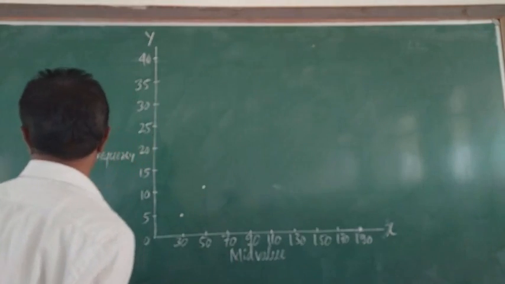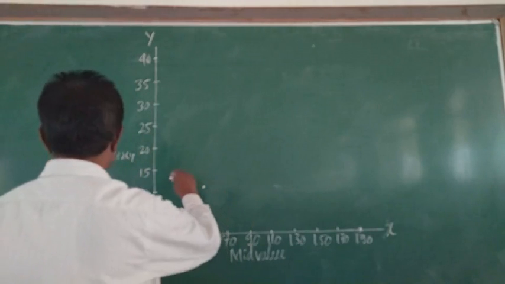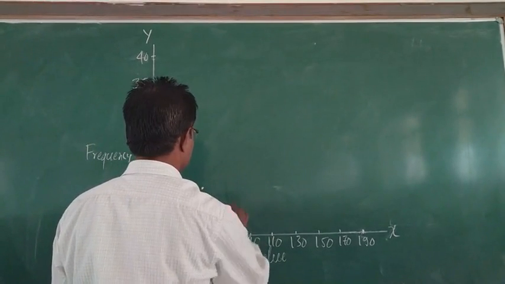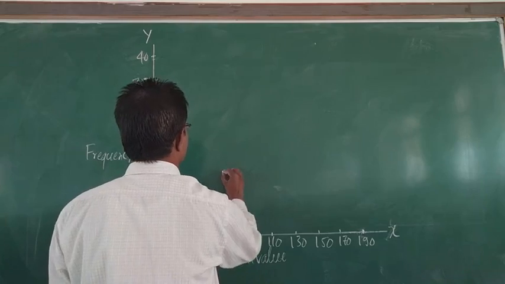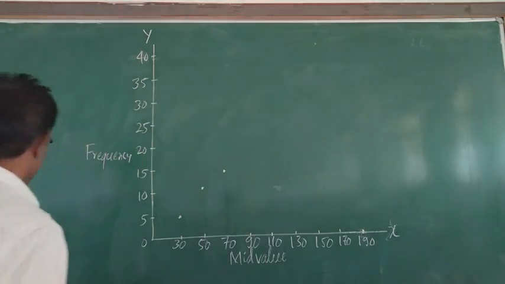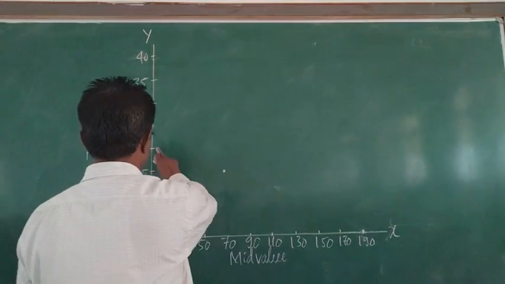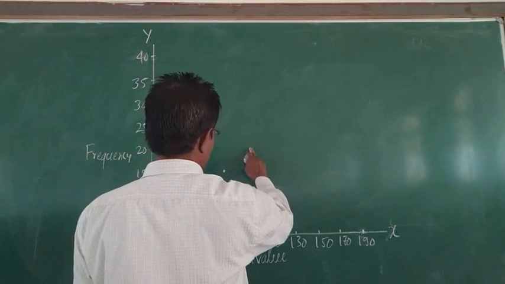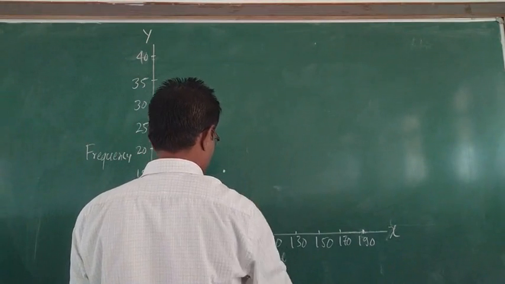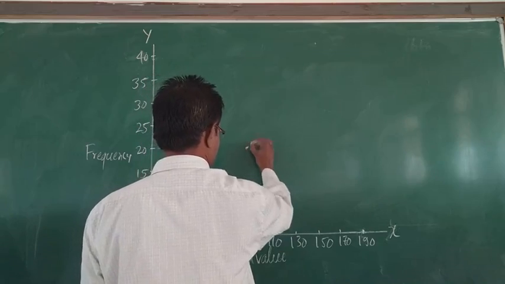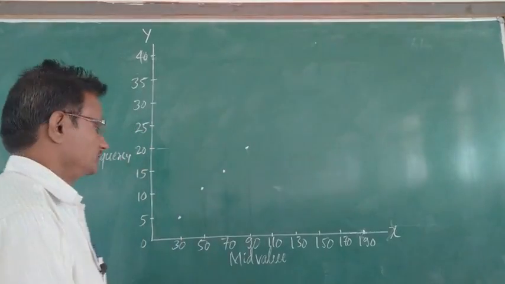Next, for 70 mid value the frequency is 15. Next, for 90 mid value the corresponding frequency is 20. For 90 and 20 we have to mark a point.